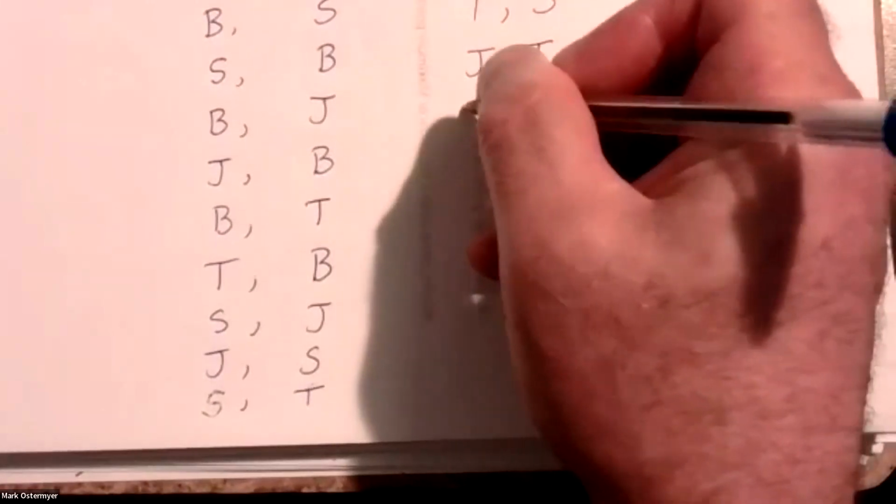Or I could select Sue to be president and Troy to be vice president, or Troy to be president and Sue to be vice president. Or, ladies and gentlemen, I could select Jane to be president, Troy to be vice president, or Troy to be president, Jane to be vice president.